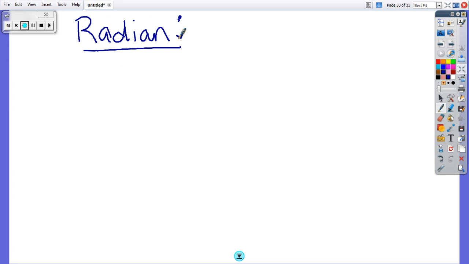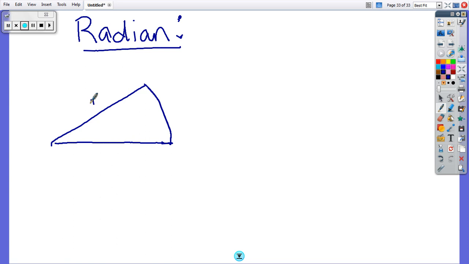What does that mean? Well, if I draw an angle, any angle, and I draw the arc of a circle. So, pretend as if this was a big circle, and I drew an angle with the arc.